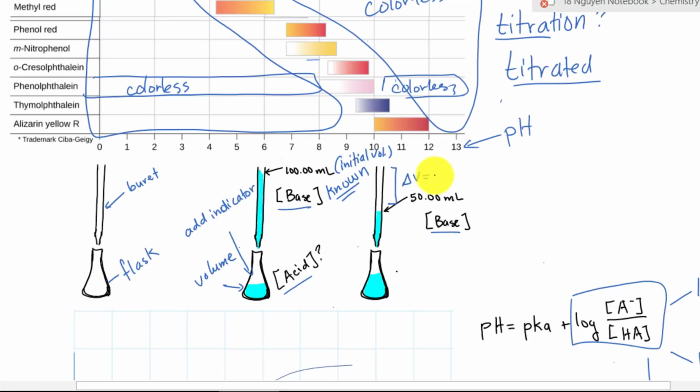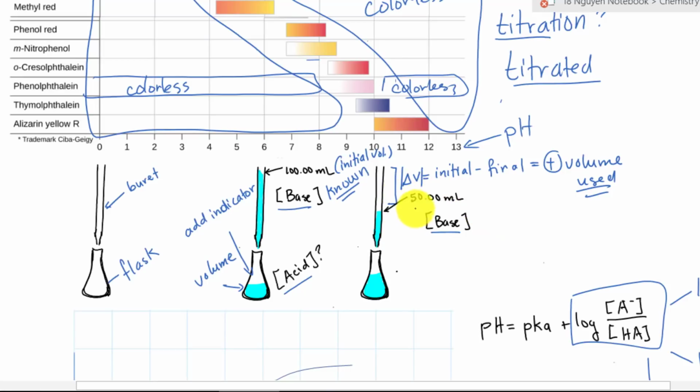Basically, you take your initial minus your final, or final minus initial. It doesn't really matter. But this change is an absolute value change. That means it is positive. How much volume is being used? So it has to be a positive number. And of course, the volume used is going to be 50 milliliters.